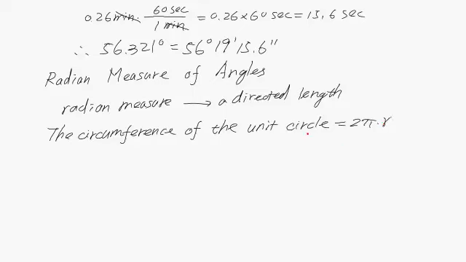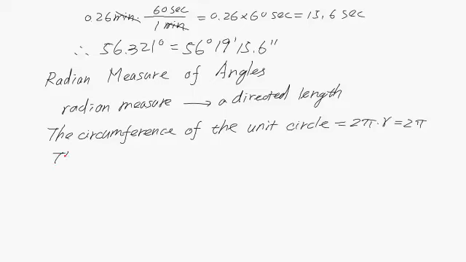But it's a unit circle, so the radius is equal to 1. So this is just equal to 2 pi without any dimension, just a pure real number, right? And we also know the full angle of the unit circle is equal to 360 degrees, right? And this is how we get the 360 degrees, because we just divide a circle into 360 equal arcs, right?